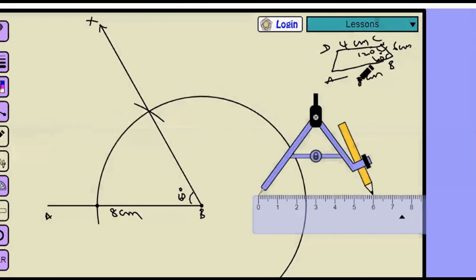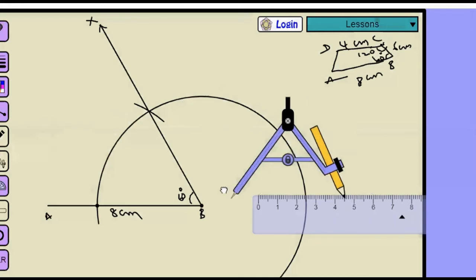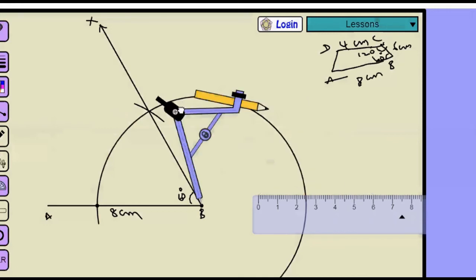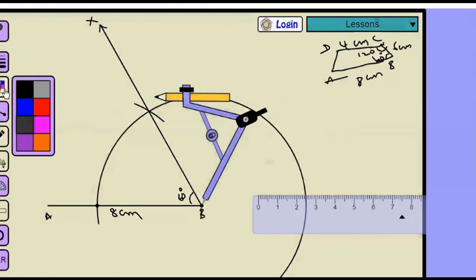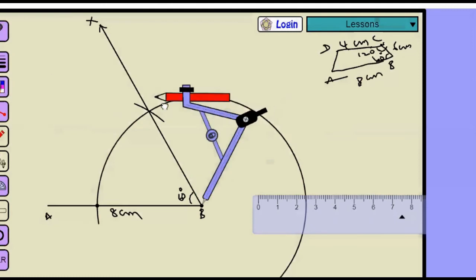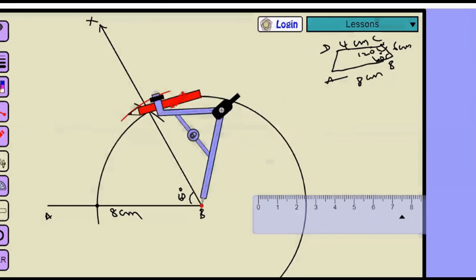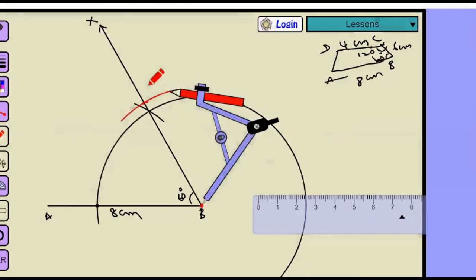Because the length of BC is 6 centimeters. Now B as the center, draw an arc here, which cuts the previous ray BX at a point C. Now the length of BC is 6 centimeters.